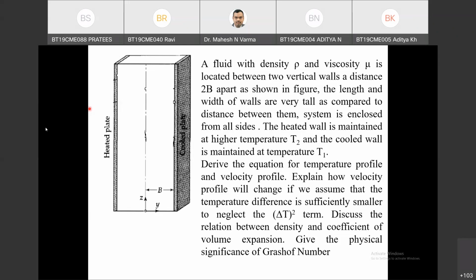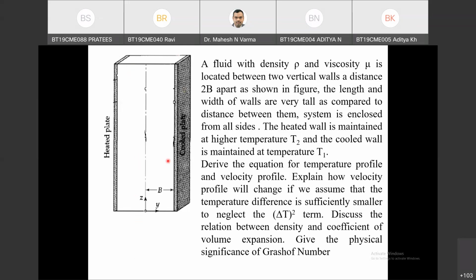This 2b is very small as compared to the length and width, which are perpendicular to this screen. This is a rectangular box enclosed from all the sides. This is not a free flowing fluid coming in and going out.